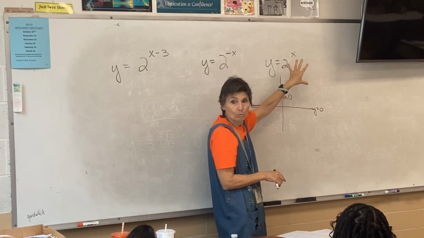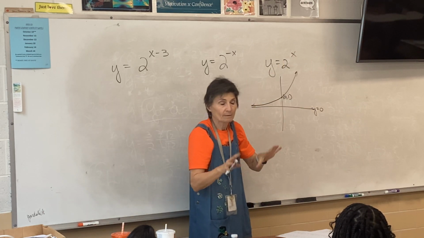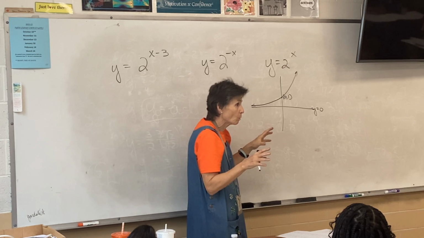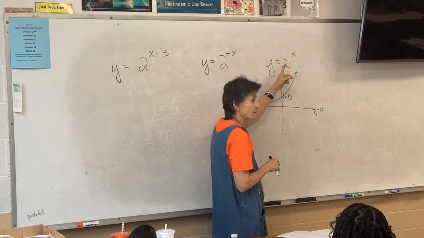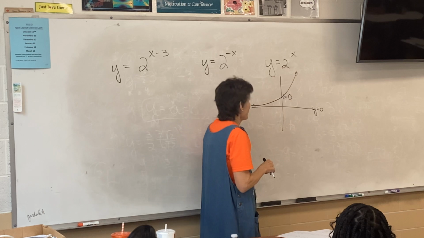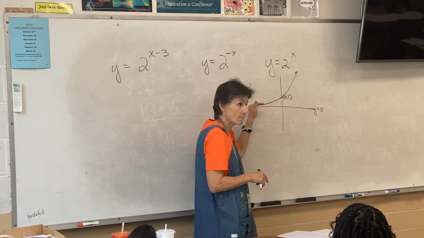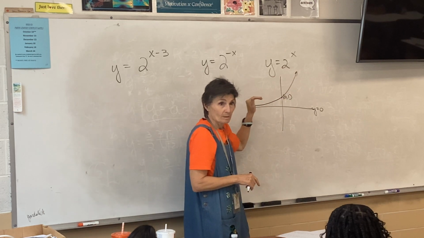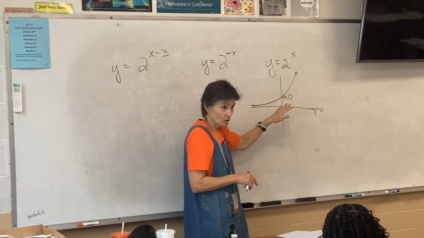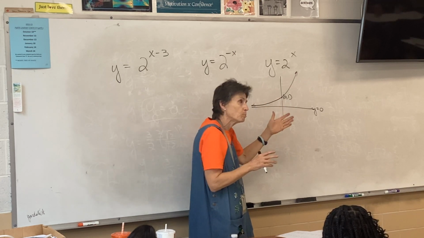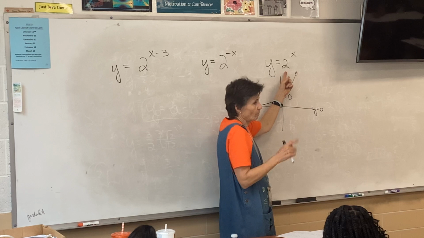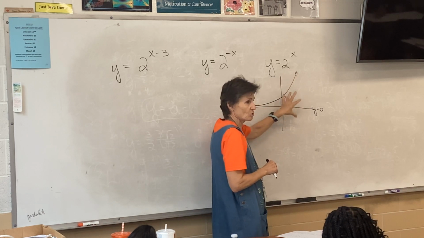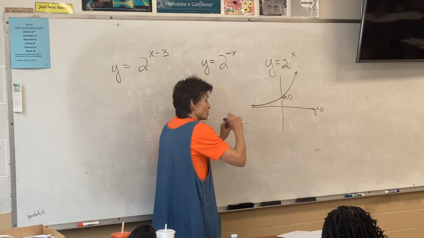It doesn't matter what the base is, as long as it's a positive number bigger than 1. So this can be 2, this can be 3, this can be 4, and this is going to be the general shape of the picture. Just like it was when it was e to the x. E is 2.7, so 2 is almost that. So this is your base picture.